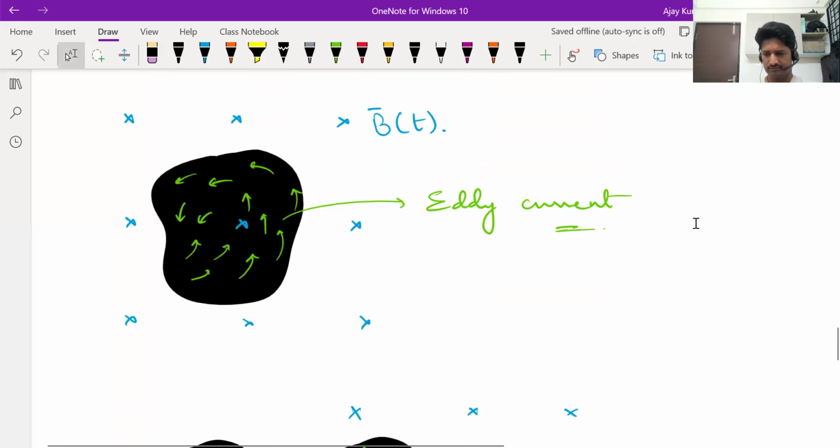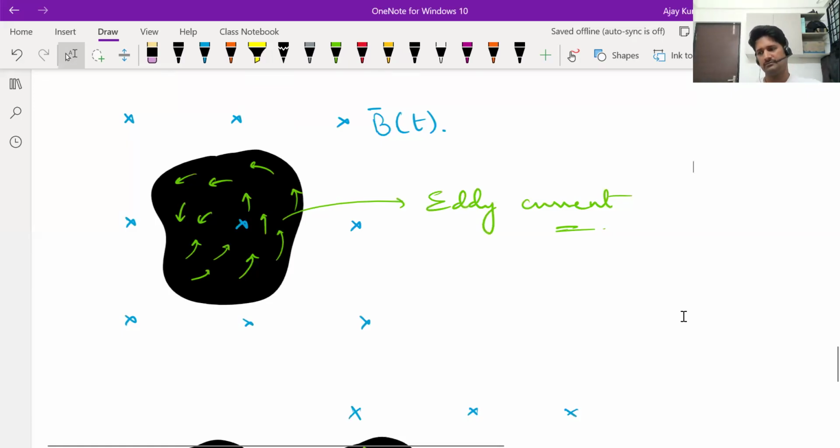Now, how are these used or what is the benefit of this? See, there's an obvious disadvantage of eddy currents. One of you tell me, when current flows through a conductor, what is generated? Sir, heat. Heat, correct.